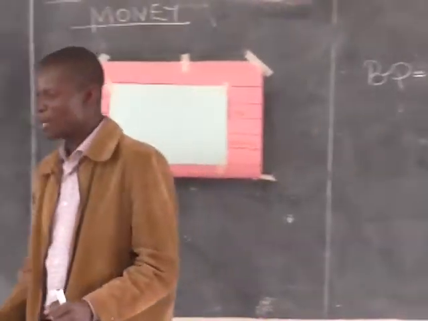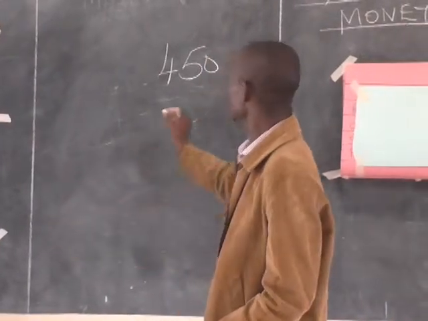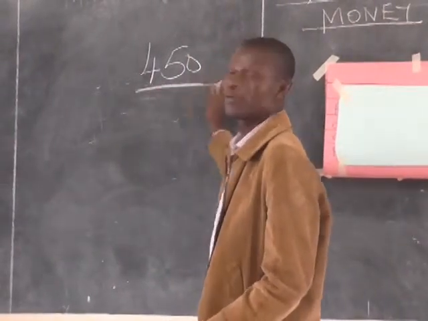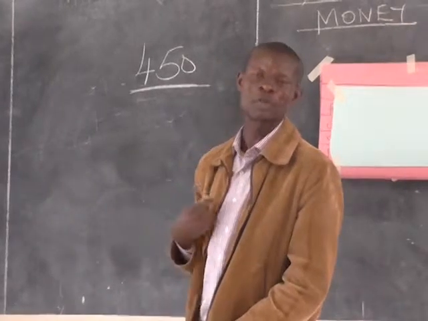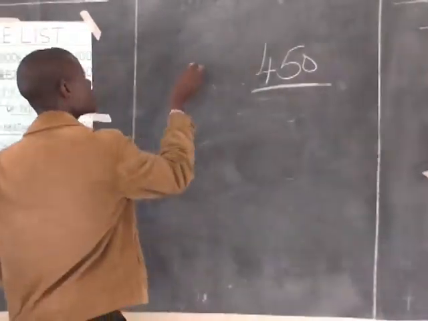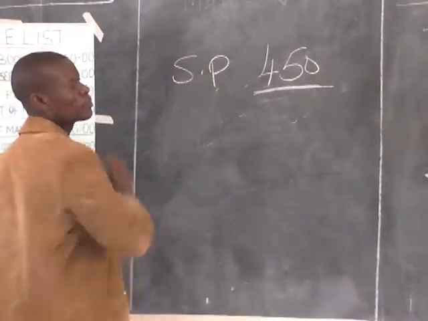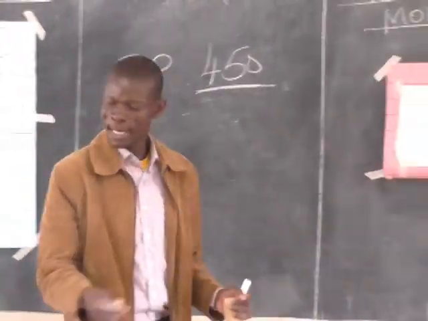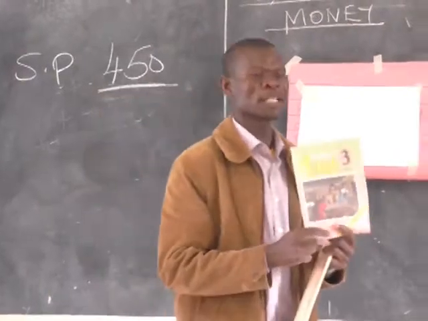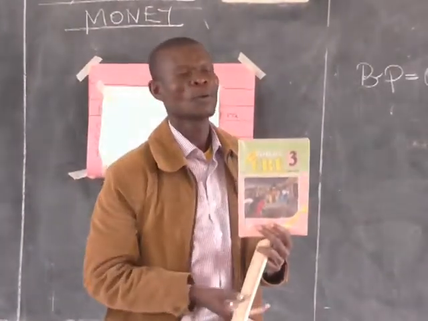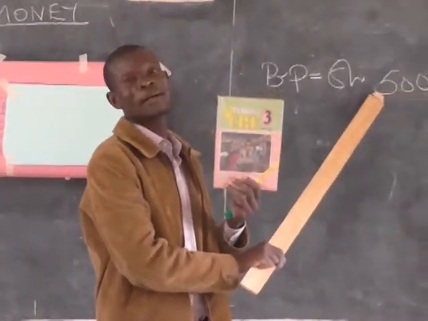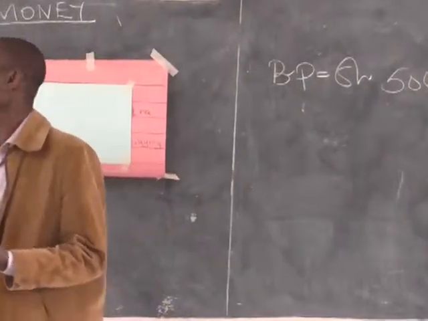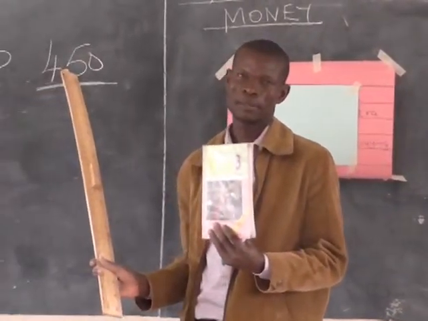But the amount of money which I gave to him when I was getting the book from him, which means he was selling the book to me, is referred to as the selling price. So in that case, we'll say the buying price for this book was 500 shillings, but the selling price was 450 shillings.